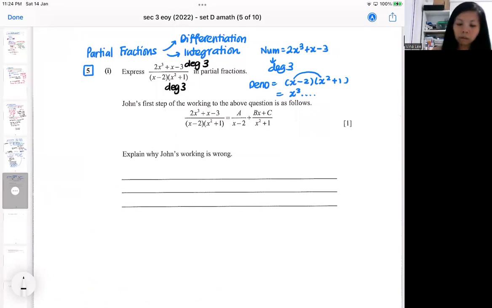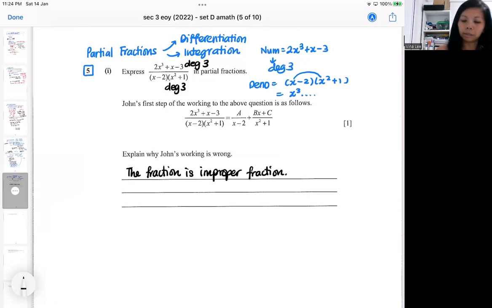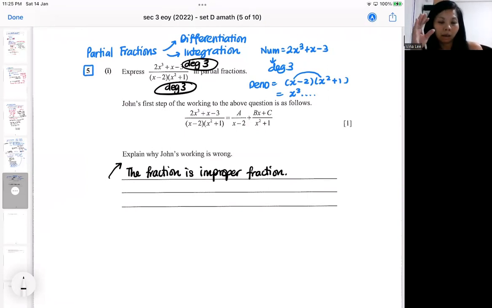So why is he wrong? Because the fraction is improper. You have to explain why it is improper, so you explain the degree. You explain that the numerator is degree 3, the denominator is degree 3, and hence it's improper.